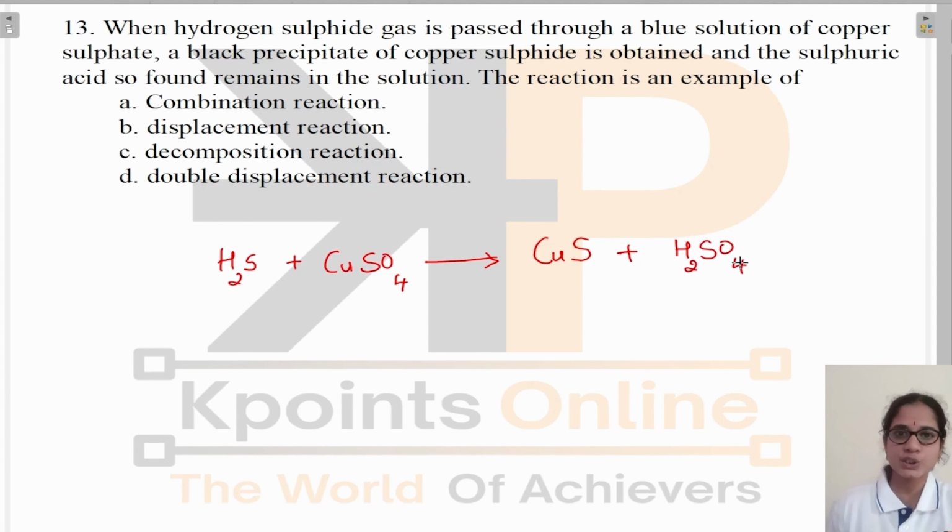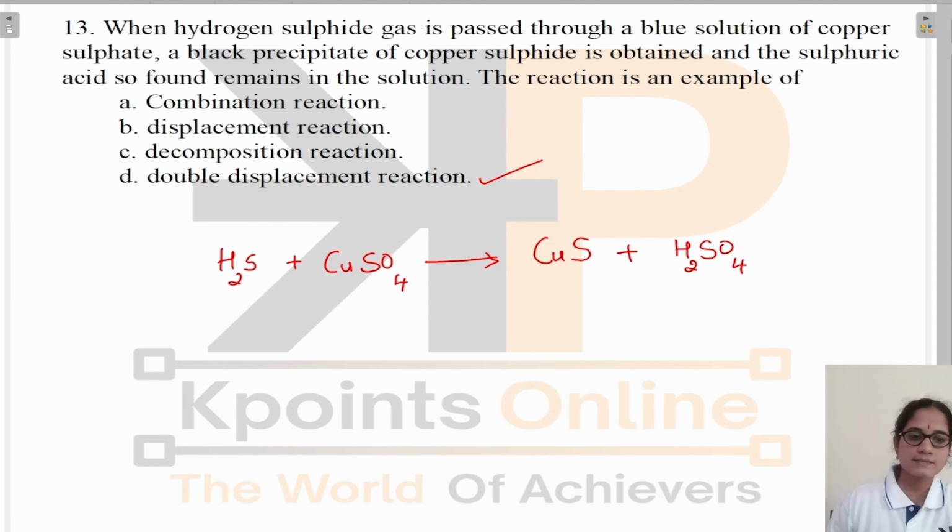Yes, this is the reaction that is happening. Then the question here is, the reaction is an example of which type of reaction? You can observe here there is exchange of ions between the compounds. Okay. Here there is exchange of ions. So this indicates that this is a double displacement reaction. Okay. The correct option will be double displacement reaction. That is option number D.